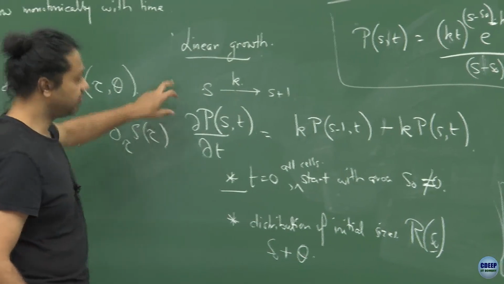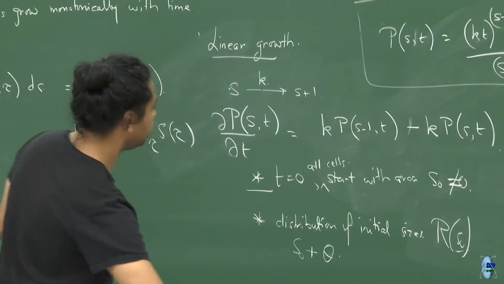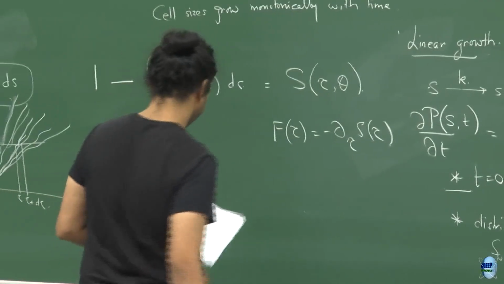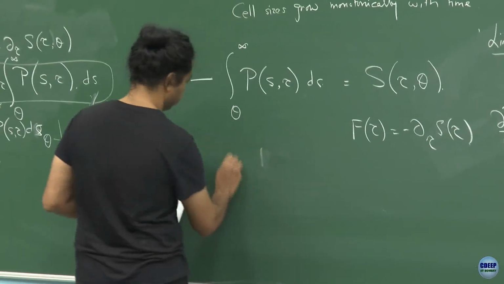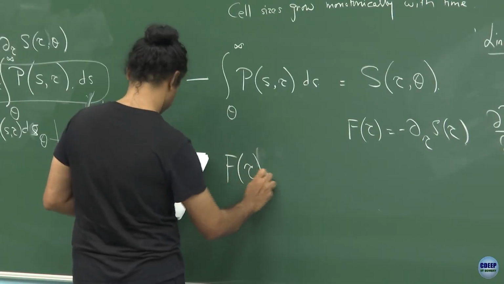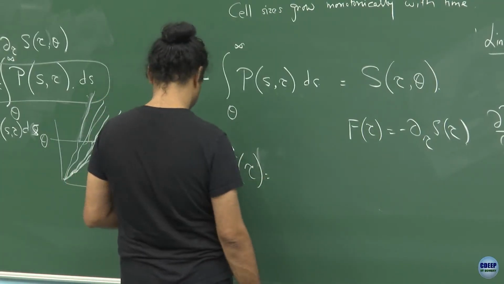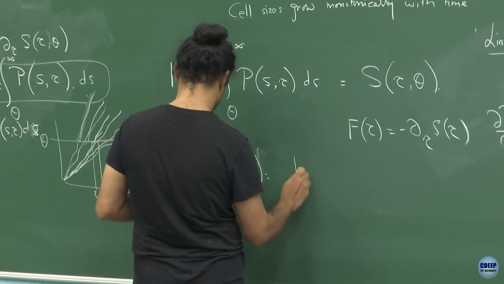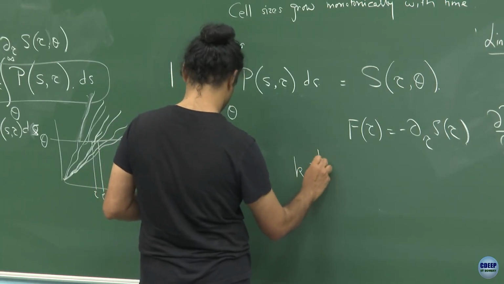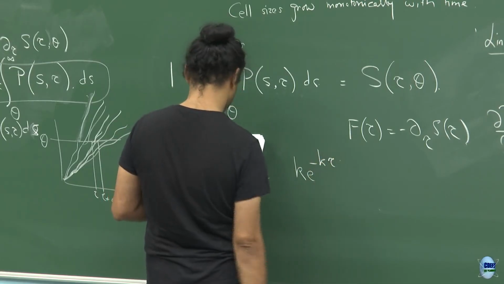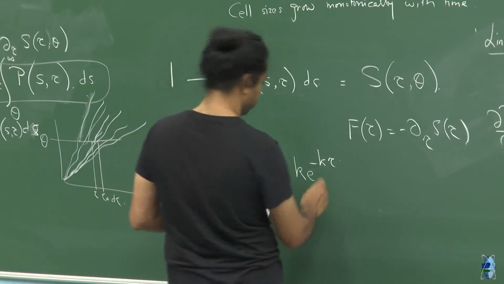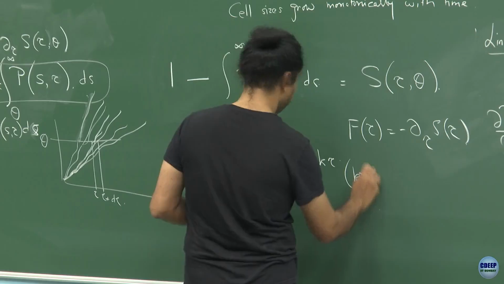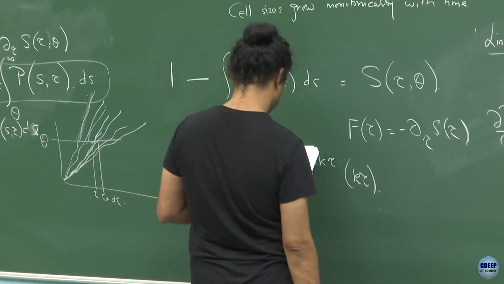And given an S naught, you can solve this problem as well. So to get the f of tau as some k e to the power of minus k tau, times (k tau) to the power of S minus S naught, right.